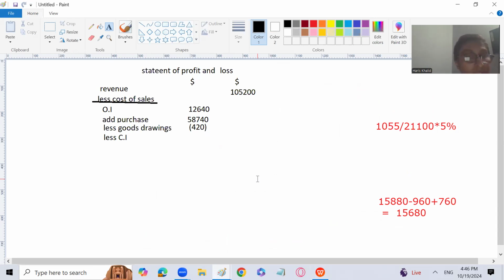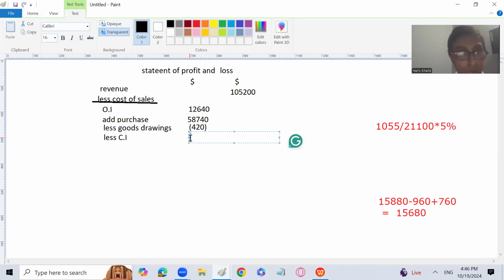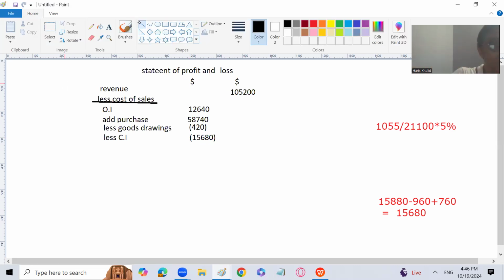Every particular mark is awarded along with the amount where it is required. So the closing inventory cost is 960 and the NRV of the damaged inventory was 760. So minus 960 plus 760, we will get 15680, which is subtracted. And through this, we have found the cost of sales.